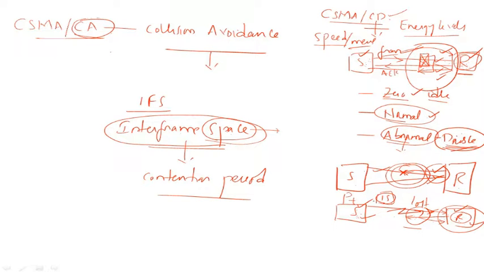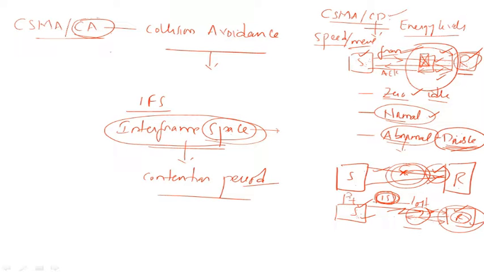Once this time is over, the receiver may start sending a frame after that stipulated amount of time. And how much IFS time the receiver station maintains depends upon the contention period.